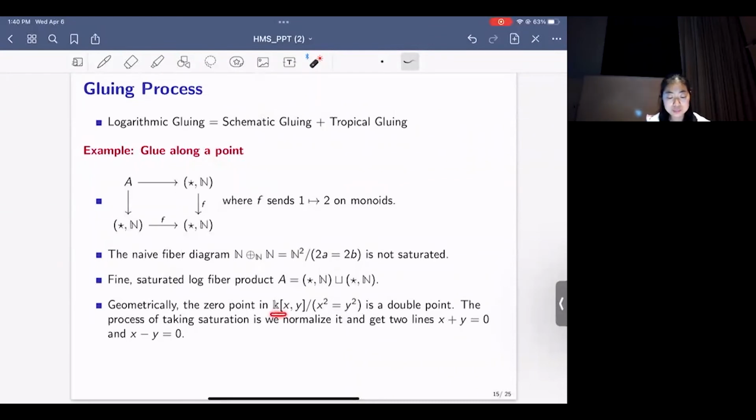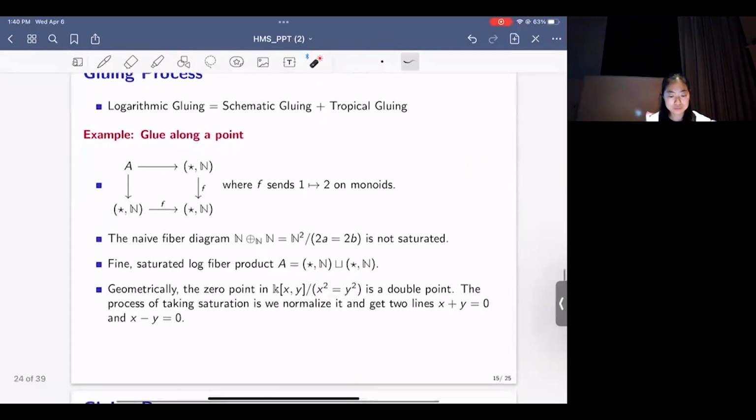We will get something like k[x,y] mod x squared equals y squared, which is a double point. Taking this saturation, we normalize these two double curves and take out the two components. That's the reason that when we take this saturated log fiber product, we get two components.